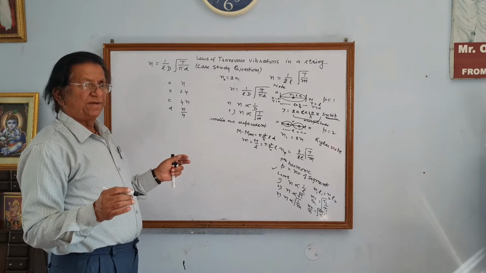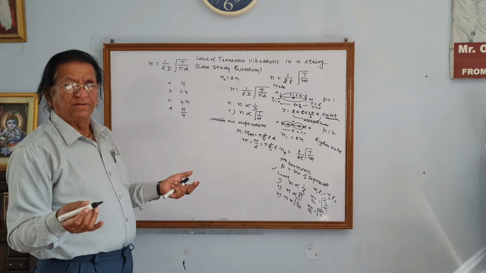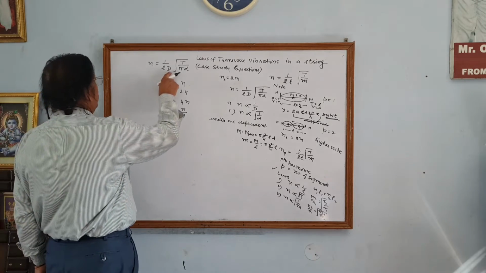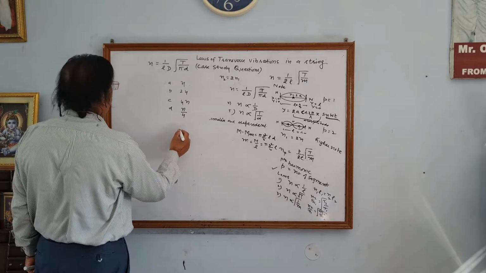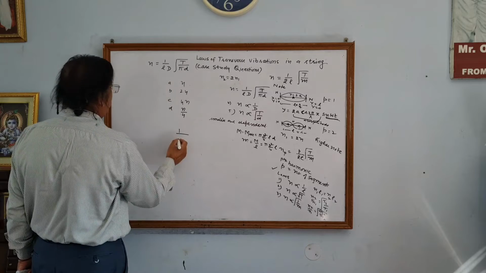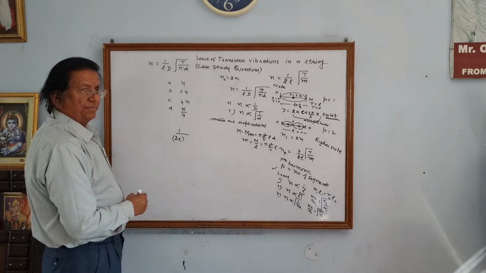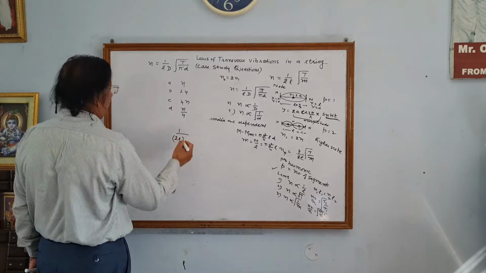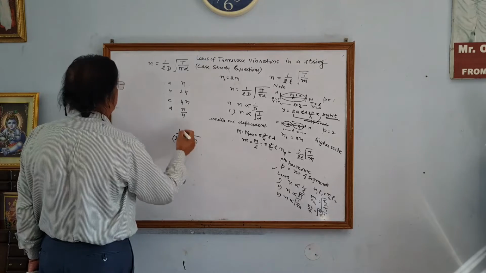When length and diameter were normal, what was the frequency? The length was L, diameter was D, frequency was this. Now length is doubled. That means L is made 2L. Diameter is doubled. Instead of D, it is made 2D.